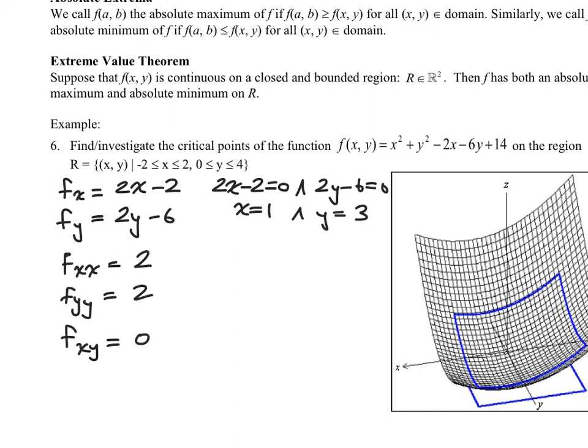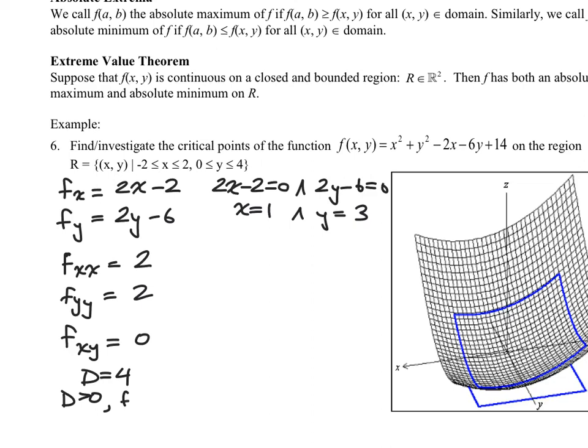All right, so no more than 1 zero out of this set of values, and we know that the second derivative test is going to work. All right, so D is going to be equal to, well, we did it already. It's 4. All right, so D is greater than 0.